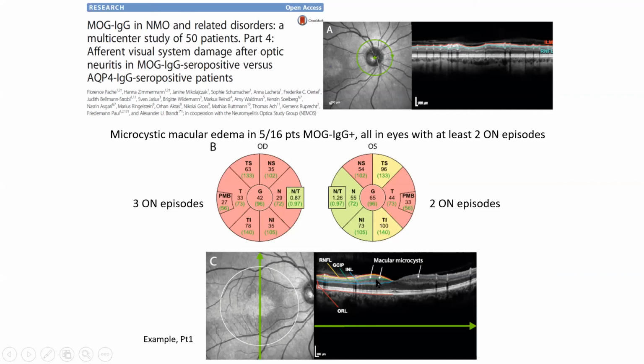And similarly, especially in people with more than one relapse, there could be quite a frequent presence of macular microcysts, similar to what we have seen in people with NMOSD.